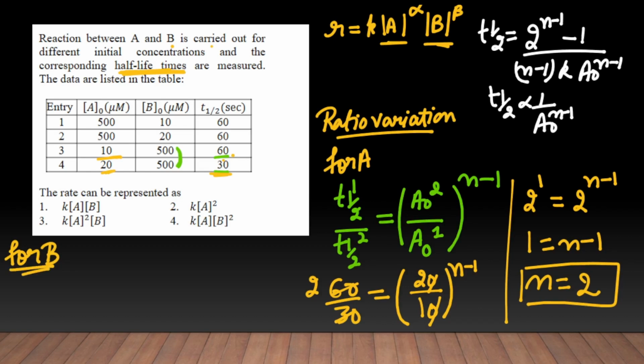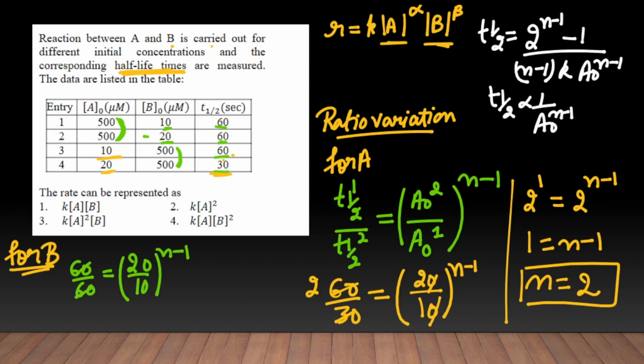In the similar way, we can find it out for B. For B, we have to choose the data where A's concentration remains constant. In these two data, A's concentration is kept constant, B's concentration is varying, and the corresponding T half values are also given to us, which means 60 upon 60 is equal to 20 upon 10 raised to the power of n minus 1.